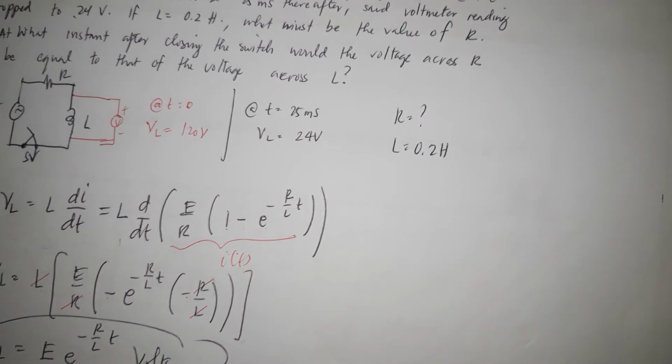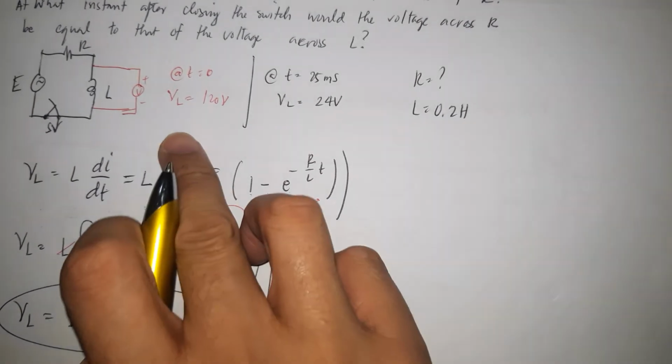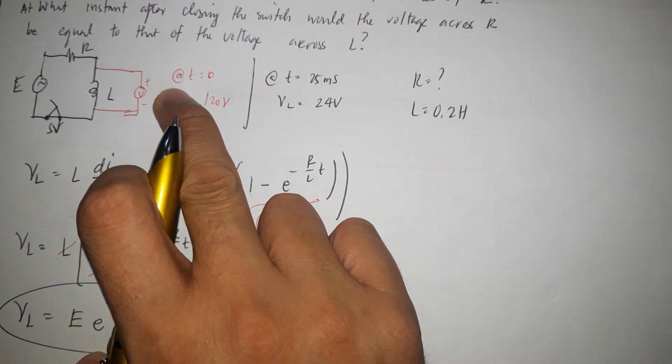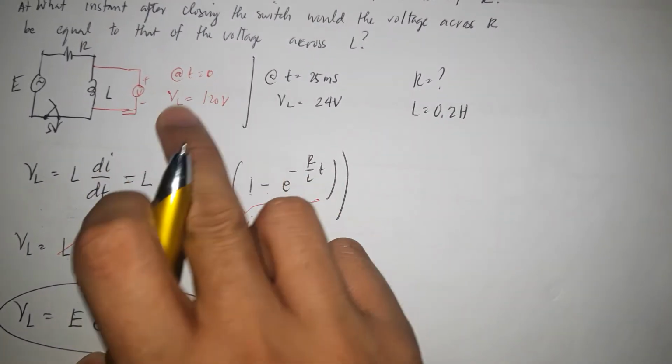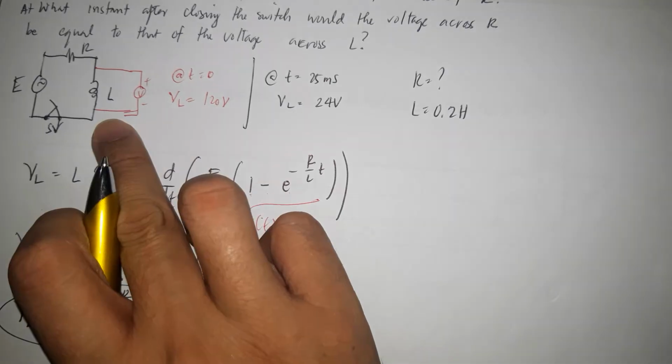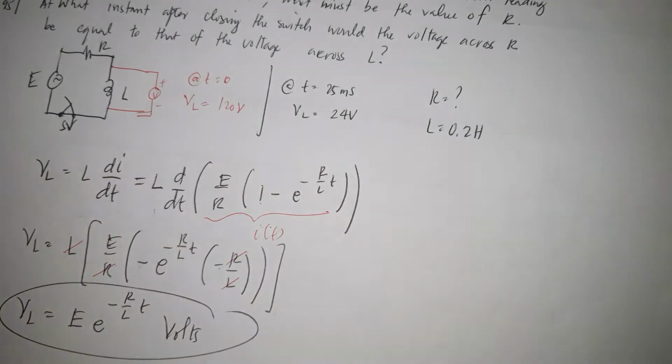From our initial condition, it is said that at the time the switch is closed, at time t is 0, the voltage across the inductor is 120 volts.